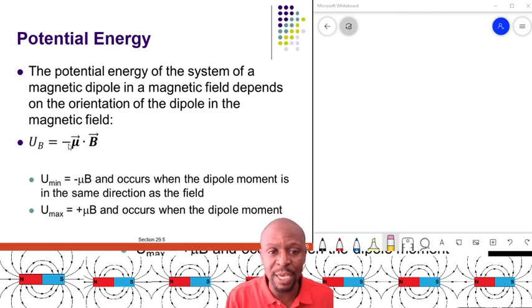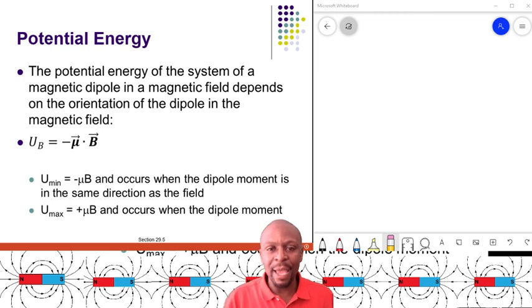You have to take note of this minus sign, and this only occurs when the dipole moment is in the same direction as the field, and the minimum is just given by this equation. It must be positive here, and this occurs when the dipole moment and the field are in opposite directions because of the cosine of theta.